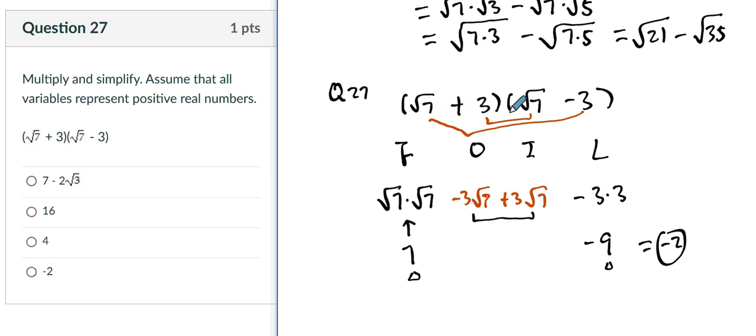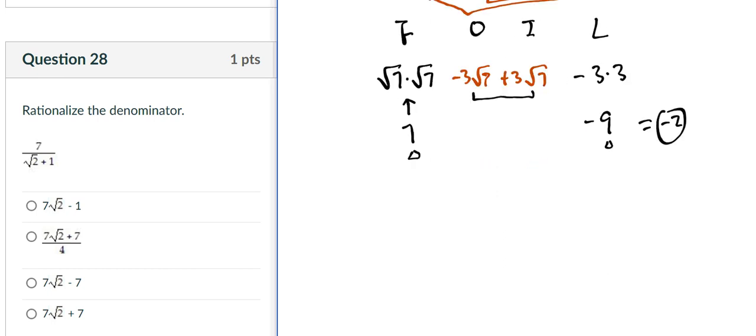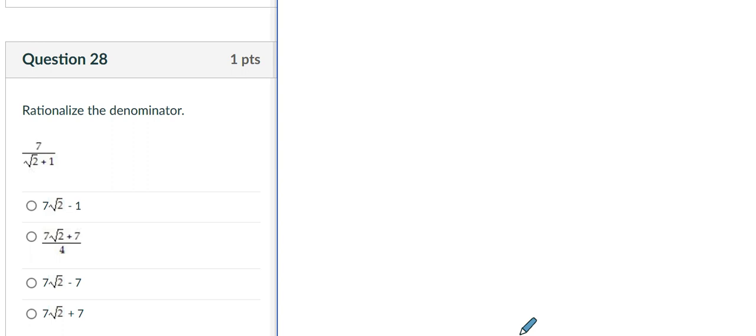Remember, in this way, you can always get rid of the radical 7. It's going to be an integer, radical 7 times radical 7. If this is the case, how are we going to do question 28?